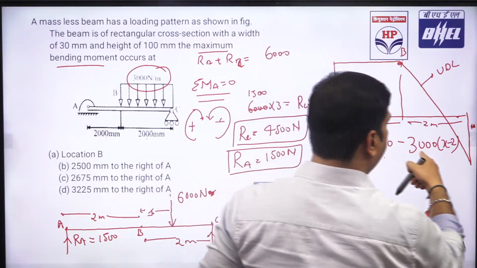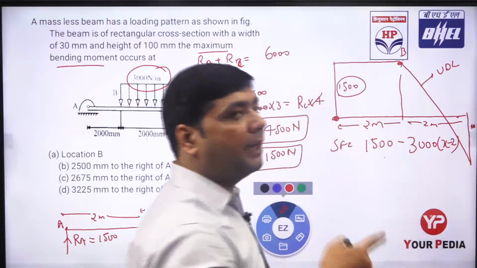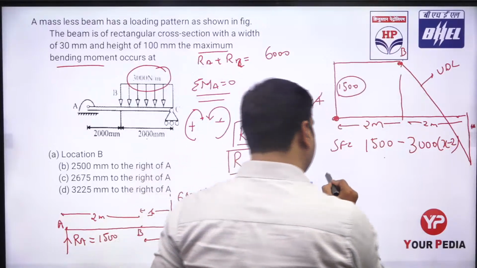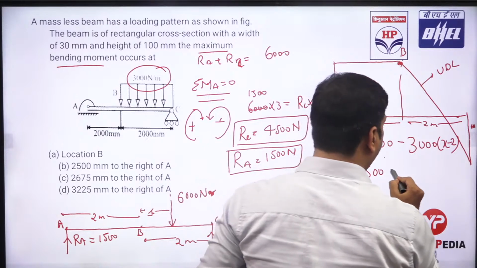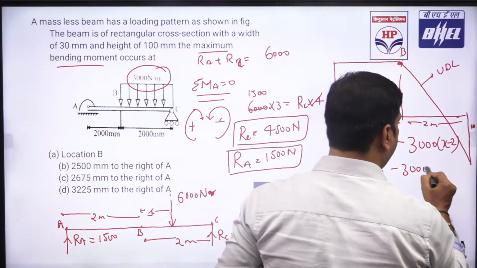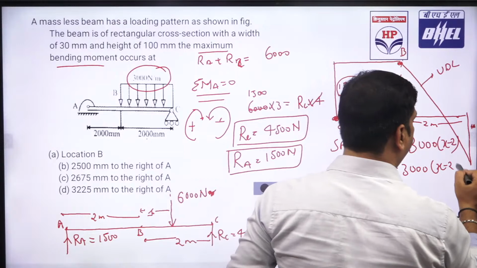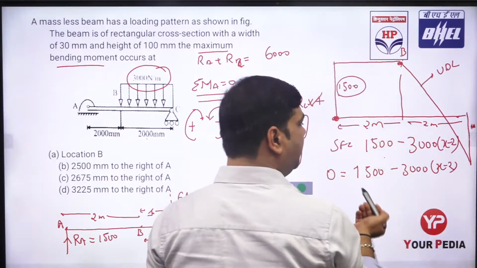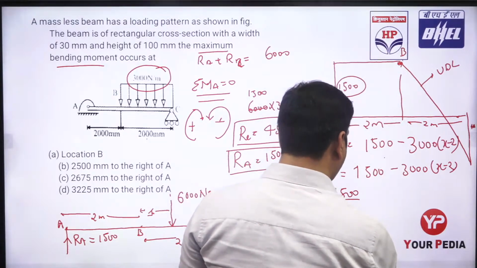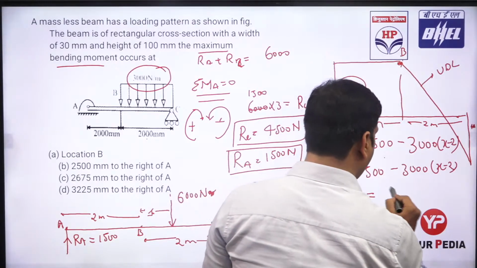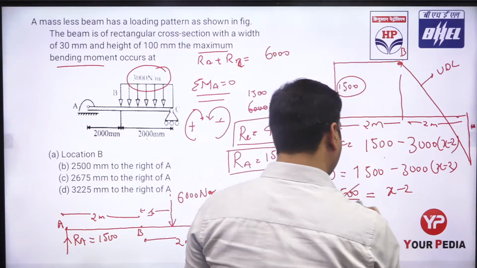So this is equal to 1500 minus 3000 times x minus 2, and whenever the shear force equals 0 at a point, the bending moment is maximum. So we put this equal to 0. From here, 1500 divided by 3000 equals x minus 2, so this is 0.5.